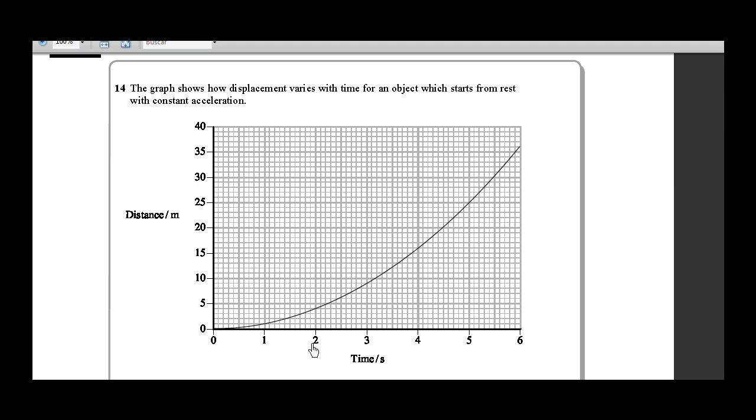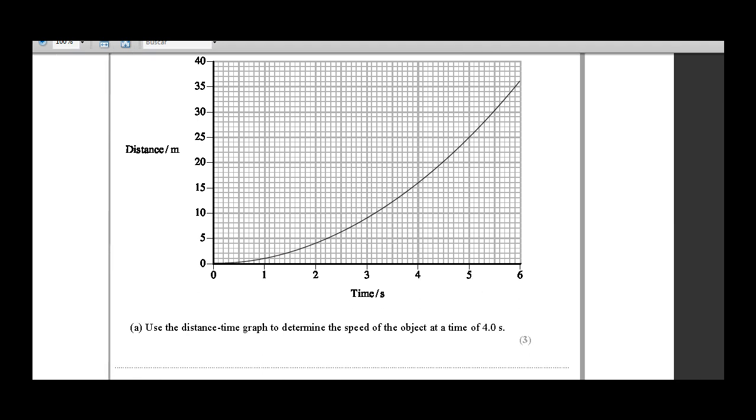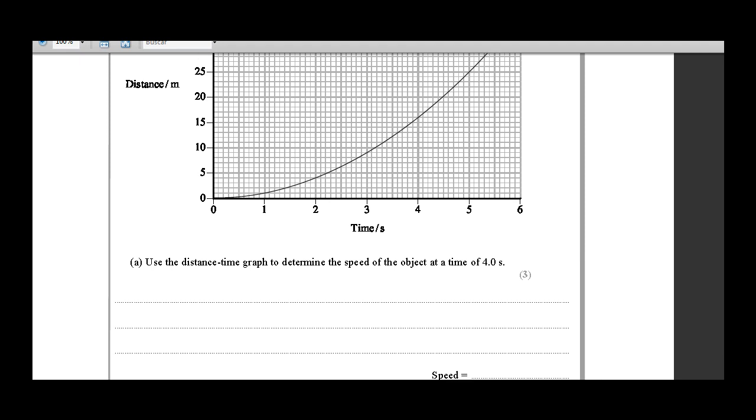So constant acceleration, this is a distance time graph, that's why it's not a straight line, otherwise it would be a straight line if it was a velocity time graph for a constant acceleration. So this must be curving, and the gradient must be changing at a constant rate, because it says the acceleration is constant. The question says, use the distance time graph to determine the speed of the object at time 4 seconds. So that should be easy enough.